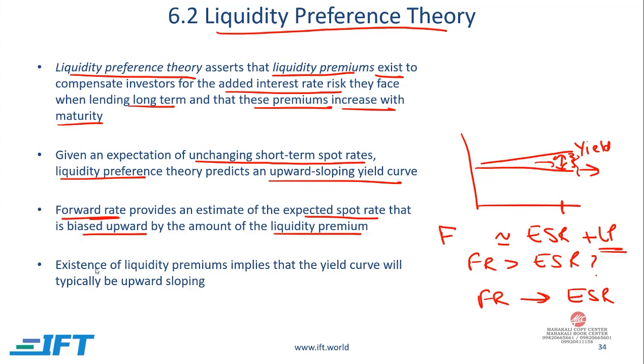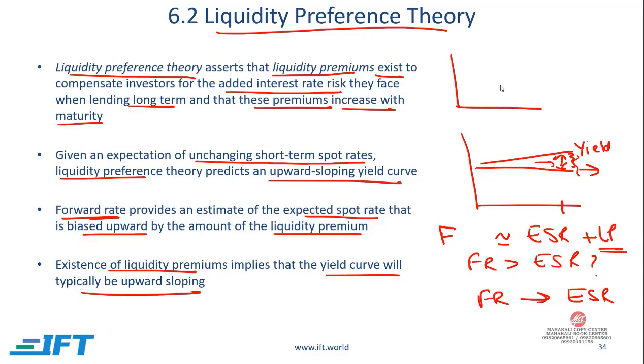The existence of liquidity premiums implies that the yield curve will typically be upward sloping. So as you see over here, because of the liquidity premium, we would generally expect the yield curve to be sloping upwards. But now there is a theoretical question. According to this theory, can the yield curve be downward sloping?